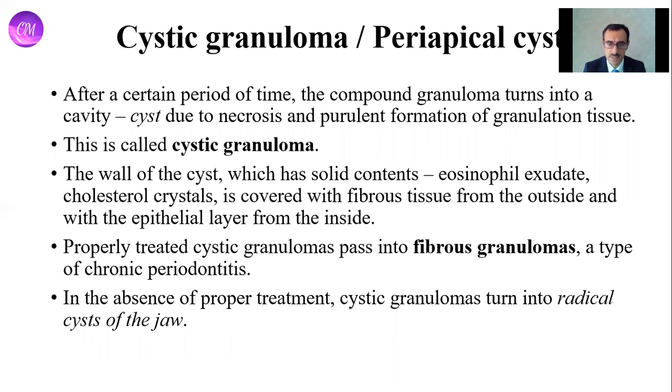The wall of the cyst, which has solid contents, eosinophilic exudate, and cholesterol crystals, is covered with fibrous tissue from the outside and with an epithelial layer from the inside. Properly treated cystic granulomas pass into fibrous granulomas, these types of chronic periodontitis. In the absence of proper treatment, cystic granulomas turn into radicular cysts of the jaw.